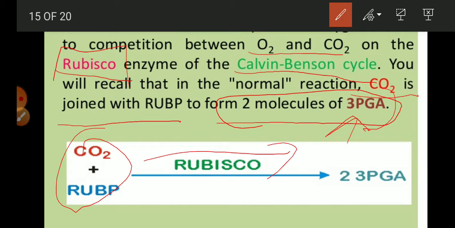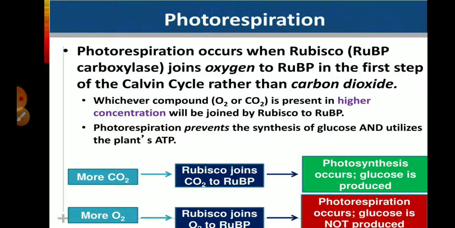Rubisco means ribulose bisphosphate carboxylase and oxygenase. It means it performs the function for both processes: one is carboxylation, the addition of carbon dioxide, and the other is oxygenation.